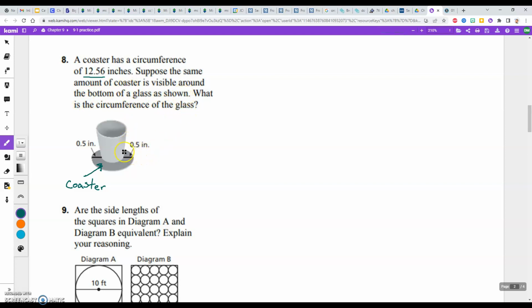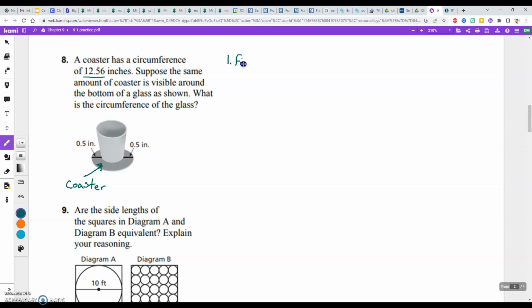So if we look at this, we know that we're taking off 1 inch of diameter. So if we could find the diameter of the cup, then we could find the circumference of the glass. So here's what we're going to do then.